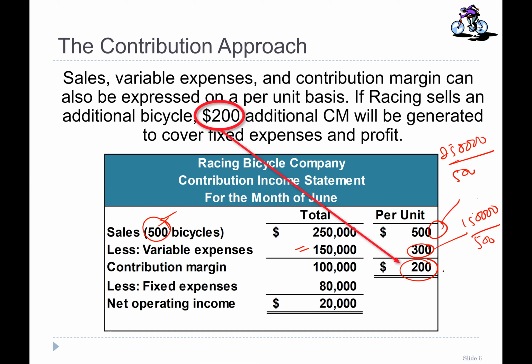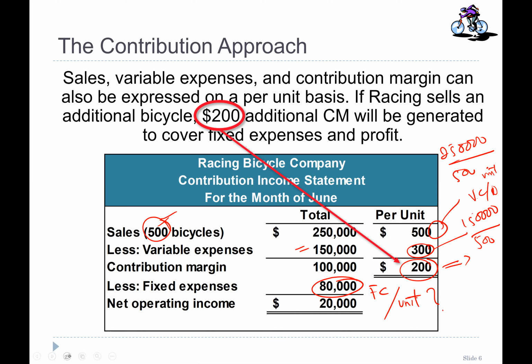So give me the answer: why are we not calculating fixed cost per unit? Why do we just stick to this per unit contribution margin? We have calculated the per unit variable cost, right? But we are not calculating the fixed cost per unit.